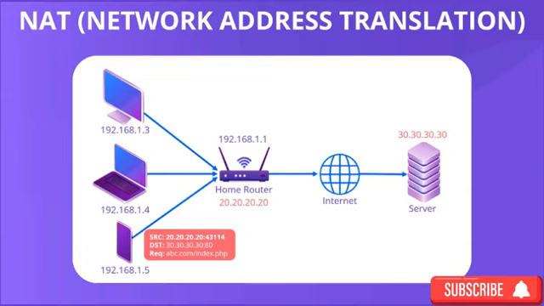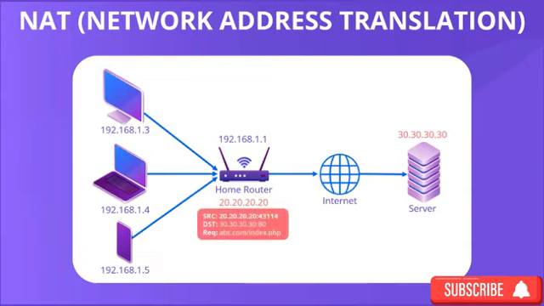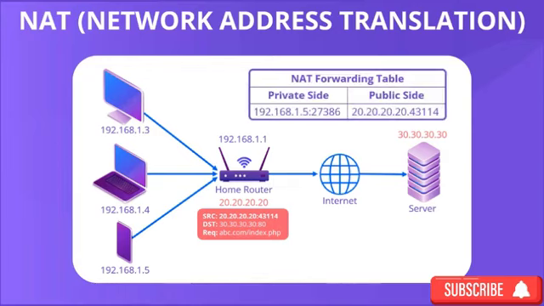So, when the packet arrives at the home router, instead of sending the packet right over the internet, the home router changes the source IP address to its very own public IP address. It also creates a record in the NAT forwarding table. This table allows us to know which packets will be redirected to the smartphone when they come in.